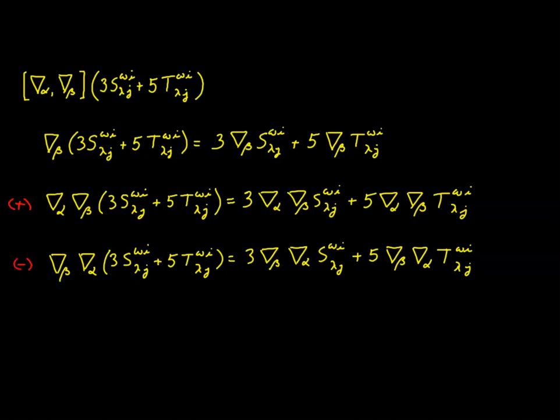Now, as we do that, it's pretty obvious that these two terms together, taking this one and subtracting that one, is going to give us 3 times the commutative operator of S^(ωi)_(λj). And likewise, this term minus this term is going to give us 5 times the commutative operator of T^(ωi)_(λj).